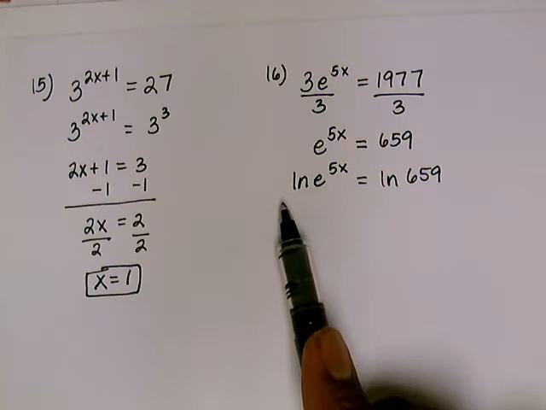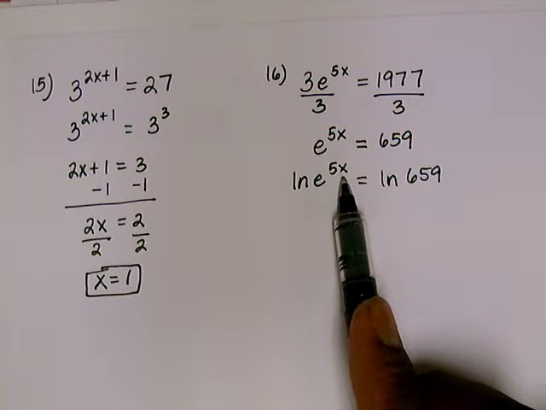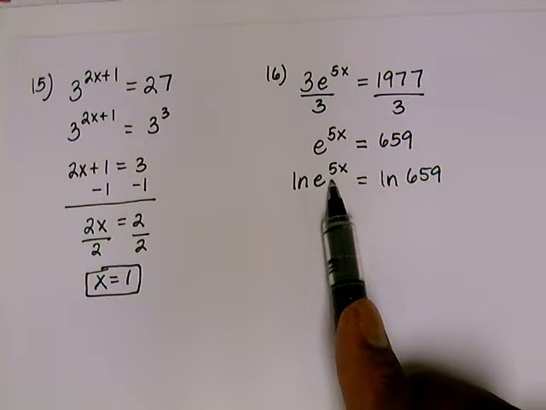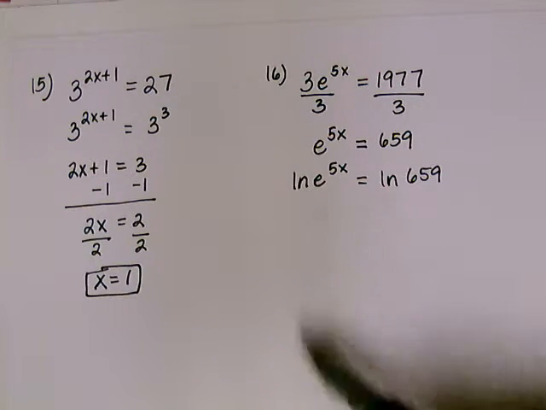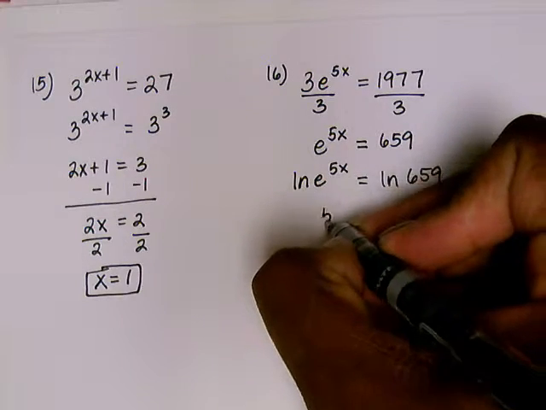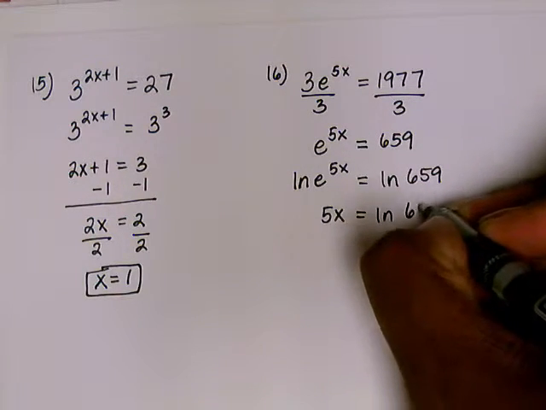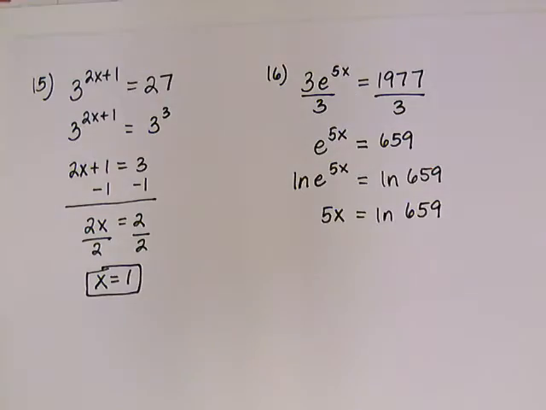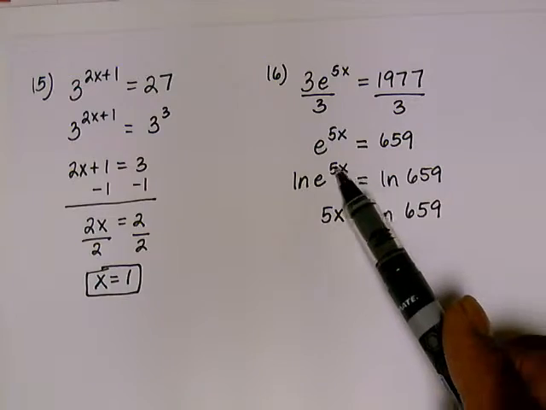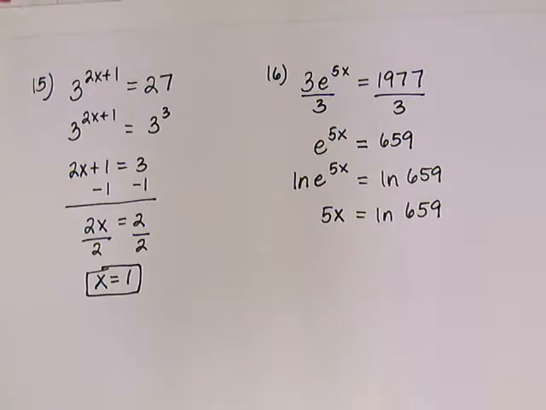Well, I also know that ln of e to whatever this exponent is gives that exponent. So ln of e to the 5x will simply be 5x. And that's going to equal the natural log of 659. Again, ln of e to whatever that exponent is gives that exponent.